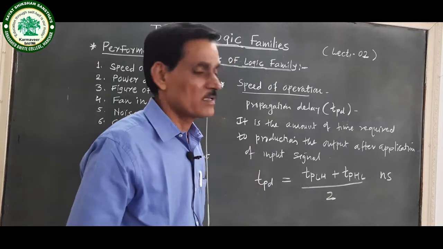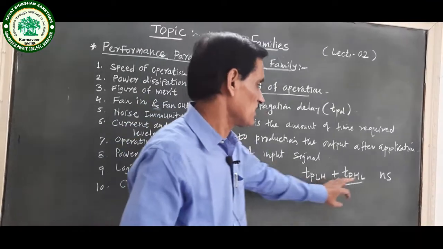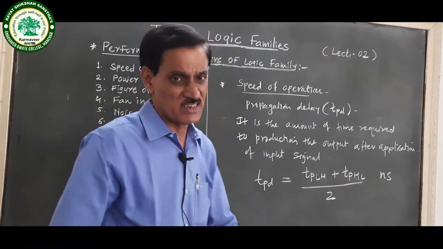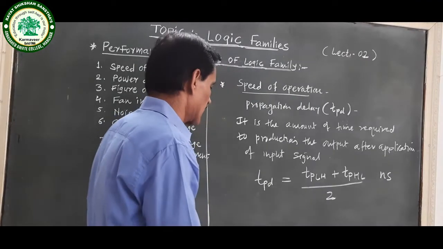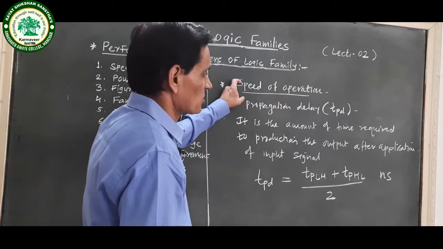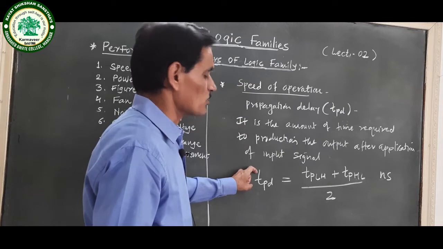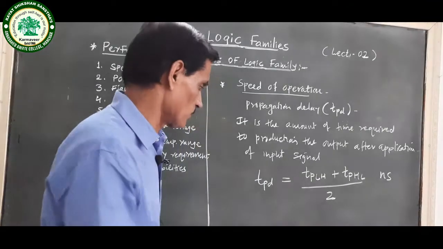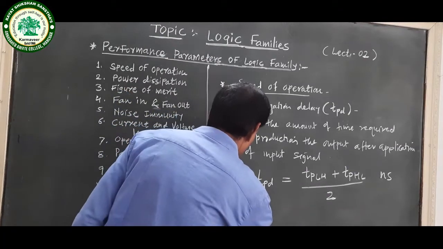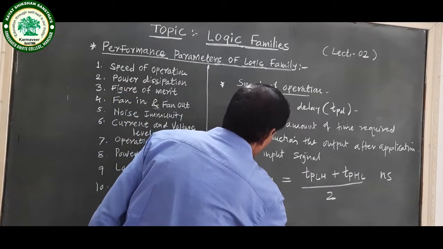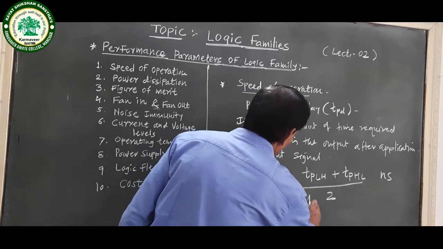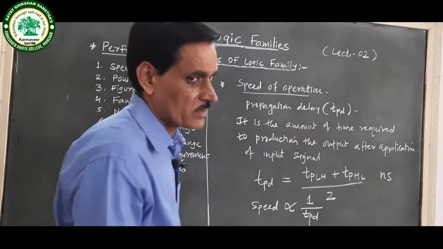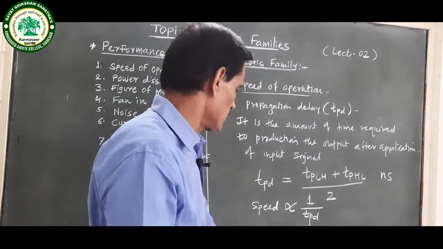As far as propagation delay is concerned, it is measured in terms of nanoseconds. And the speed of operation is inversely proportional to the propagation delay. That is also important. Therefore, here I will write the relation that speed is inversely proportional to the value of propagation delay. What it indicates now?